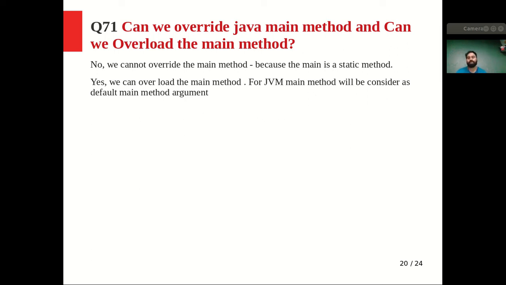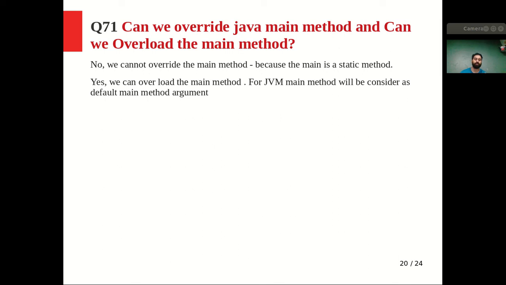So we cannot override the main method because it is a static method, but we can overload a main method, because we can overload a static method, that is sure. But the JVM will consider only the main method with the default argument, in which it has an array argument, right? So this is all about the main method.